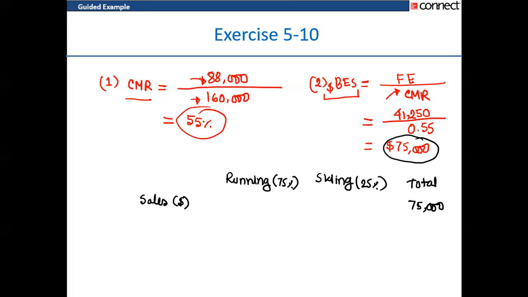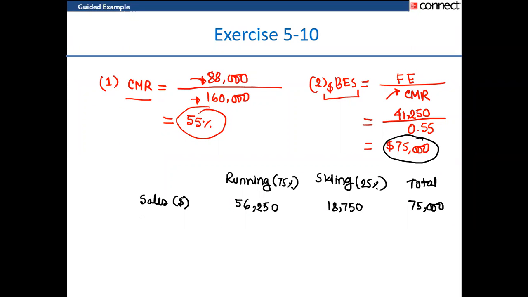You are saying that for running video games, the break-even sales should be 56,250. And for Skyeng video games, the break-even sales should be 18,750. Note that what we have done here, we have allocated the break-even sales dollar into the running and Skyeng based on the existing sales contribution ratio.